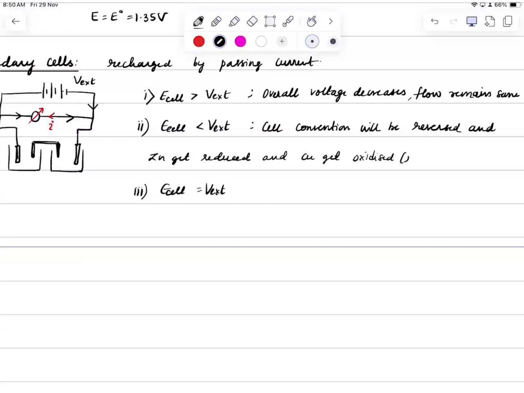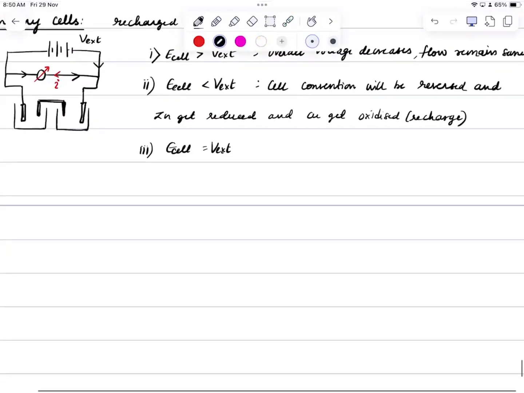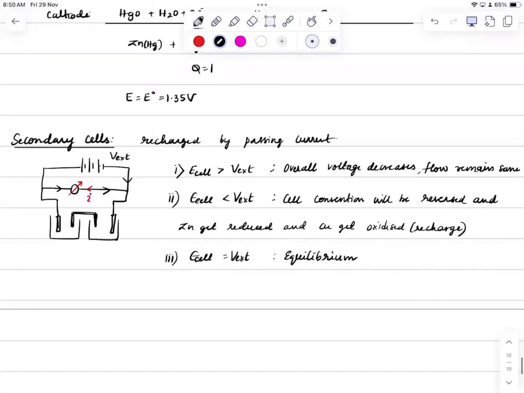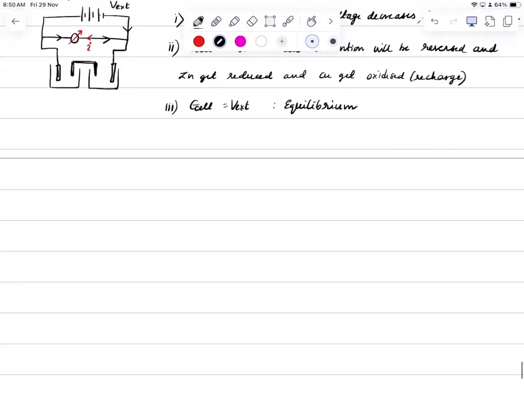And this is a situation called recharge. So that means if you have an external voltage greater than that of the E cell, then the recharge could happen. If E cell is equal to V external, then the cell is at equilibrium. Okay. So secondary cell is a situation where the V external is greater than that of E cell.